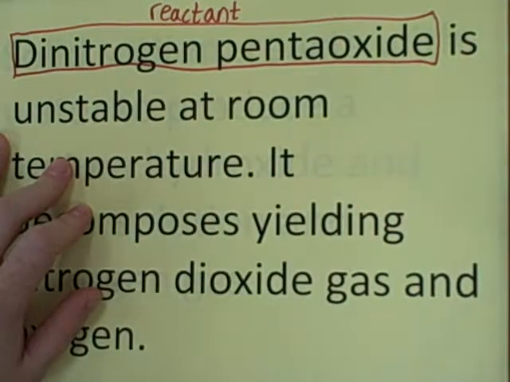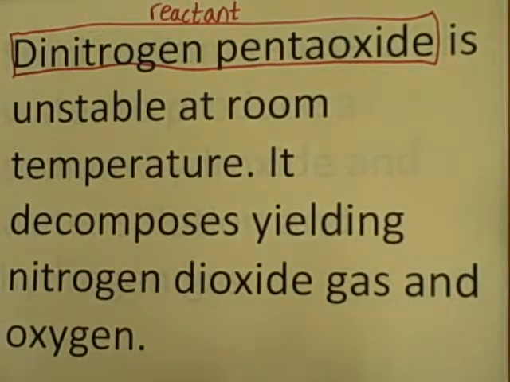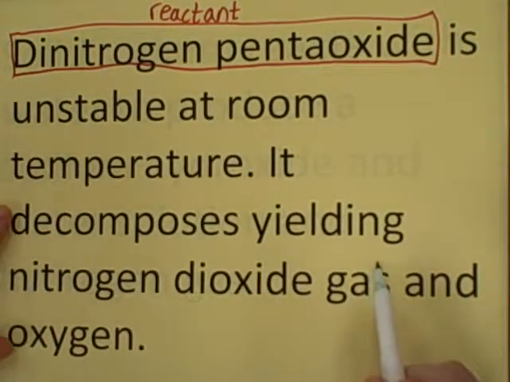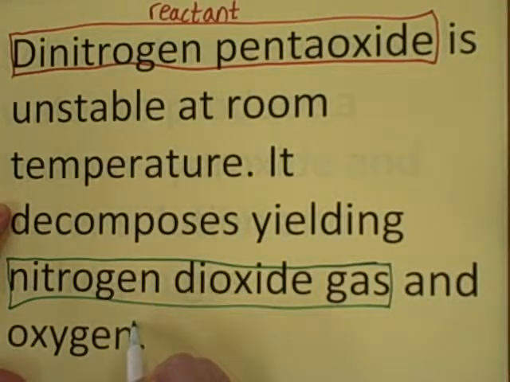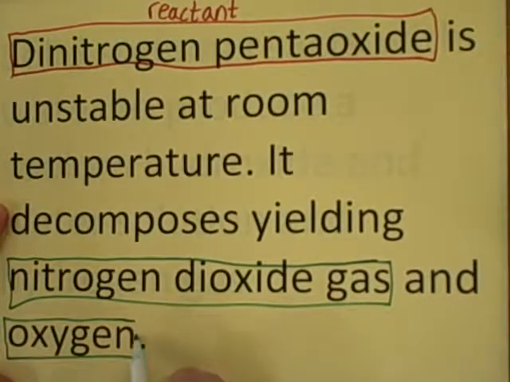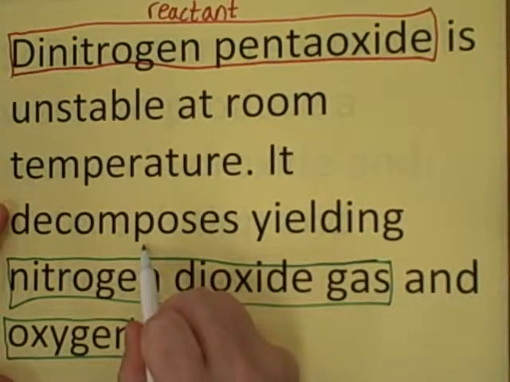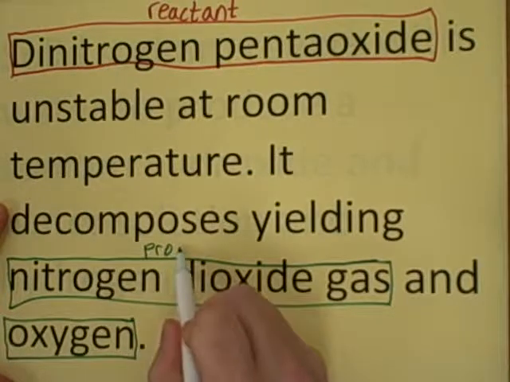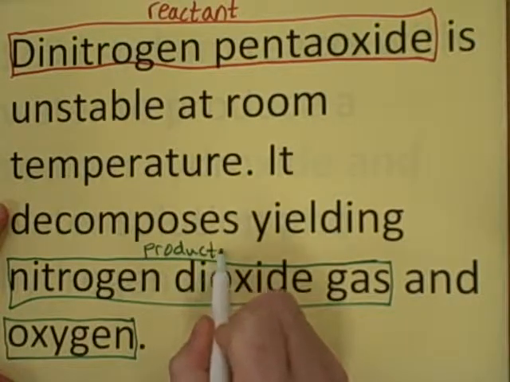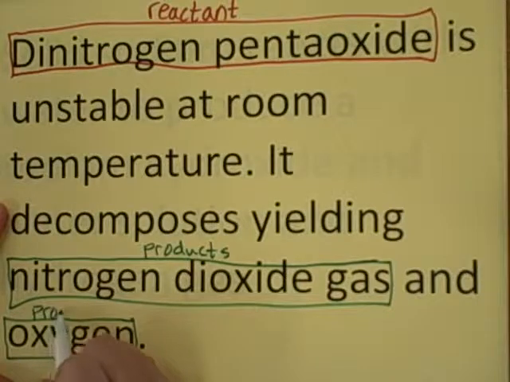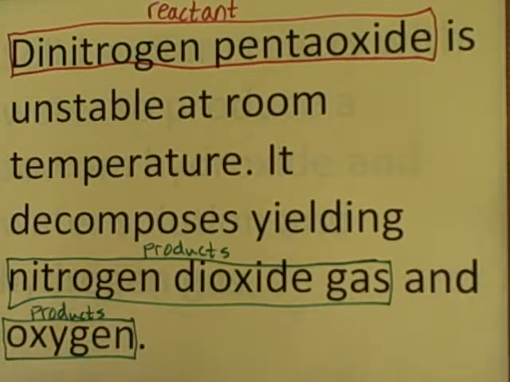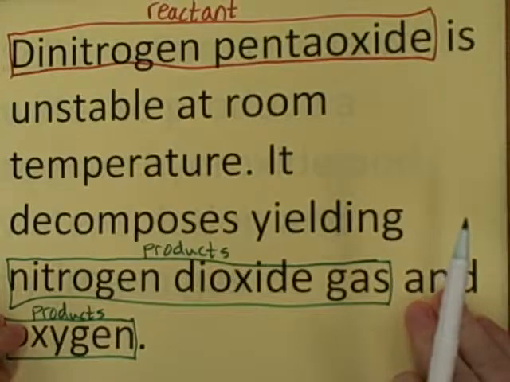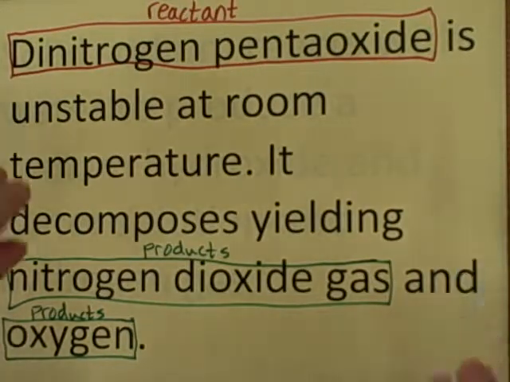And then what we are creating is nitrogen dioxide gas and oxygen. Therefore, nitrogen dioxide gas and oxygen are our products. Okay, once you have identified your reactant and your product, you need to write the formula from the name.